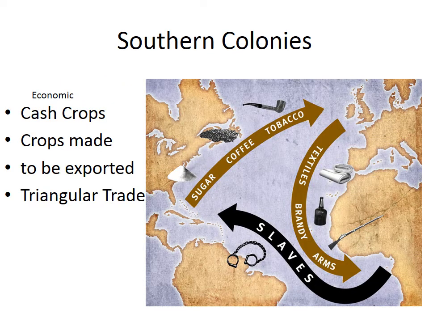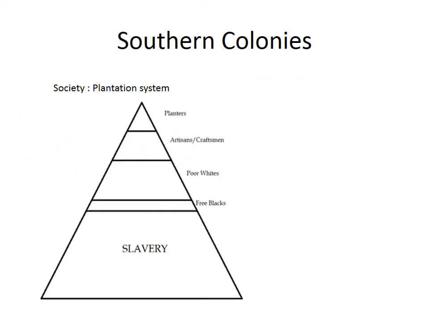But you also need to be aware of the plantation system. Now, the plantation system looks like this. You're going to have a very small amount of wealthy planters at the top, and they are going to be over or controlling a very large slave population. And that's the plantation system.